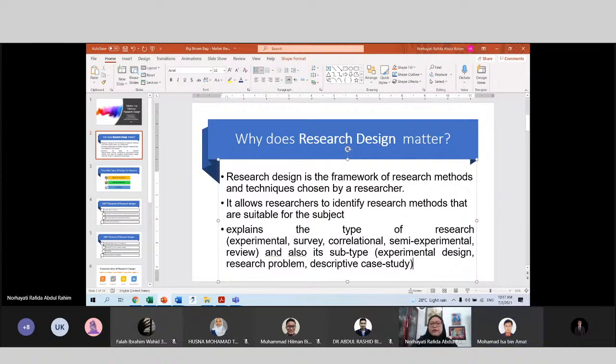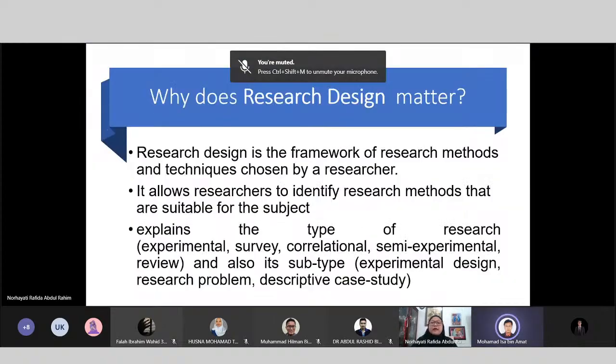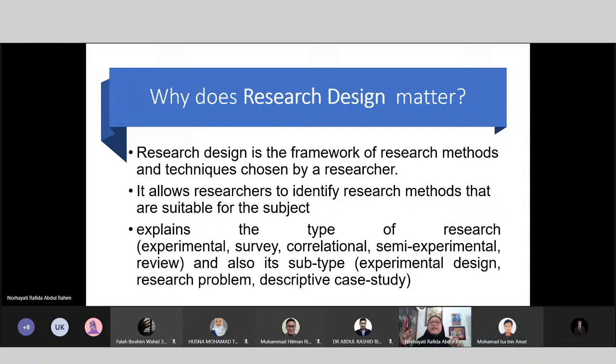So as we can see, what is the key term in the research design? First, we have the word methods. The chapter itself, the title is methodology.